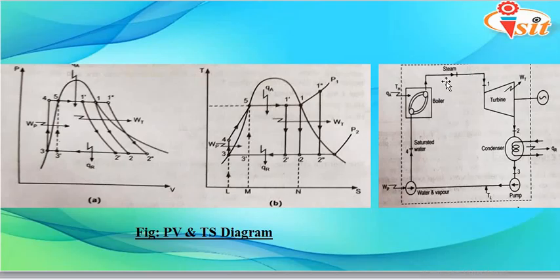So if we are having saturated steam, then it is indicated by process 1 to 2, which we were discussing right now. If we are having wet steam, then the process is indicated by 1 dash, 2 dash, that is this first line. However, if we are having superheated steam, then the process is indicated by 1 double dash and 2 double dash.